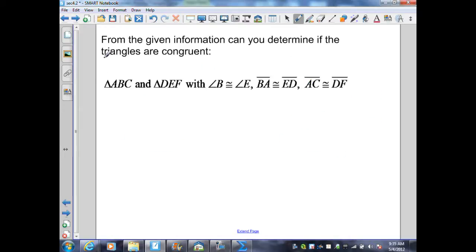From the given information, can you determine if the triangles are congruent? I'm given triangle ABC and triangle DEF with angle B congruent to angle E, segment BA congruent to ED, and segment AC congruent to DF. Let's just draw each triangle.